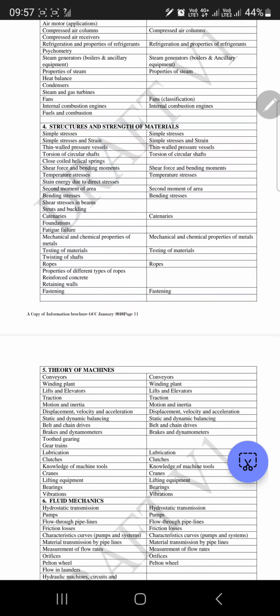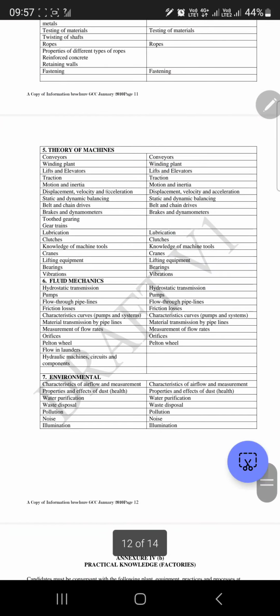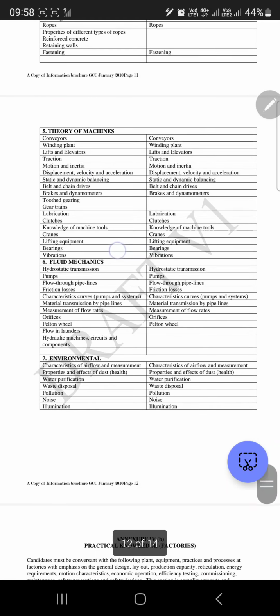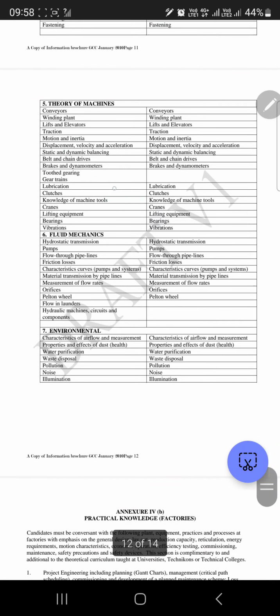And then we have the theory of machines. In the theory of machines, we're looking at the conveyors, the windings, the traction, motor inertia, motion and inertia, tooth, and all this. We're looking also at this.